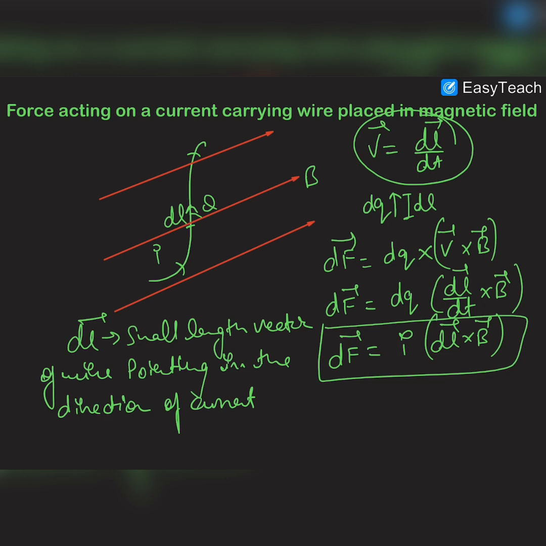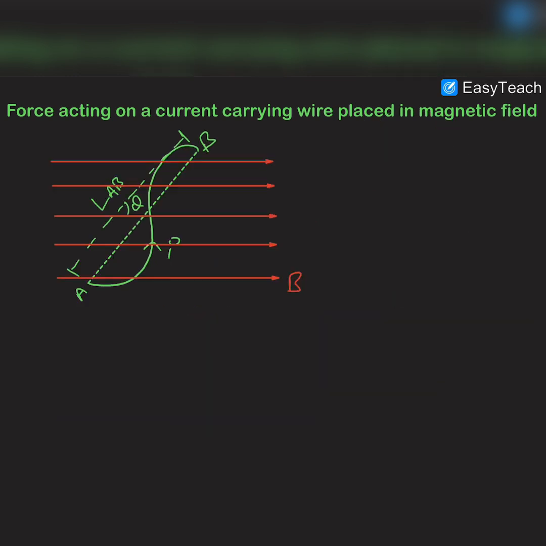Okay, so this is the force acting on this small current carrying wire, and if we wish to find out the force acting on the complete wire of arbitrary shape, then obviously we have to integrate that small force. So F would be equal to the integration of dF vector. Now you know that integration is continuous addition.